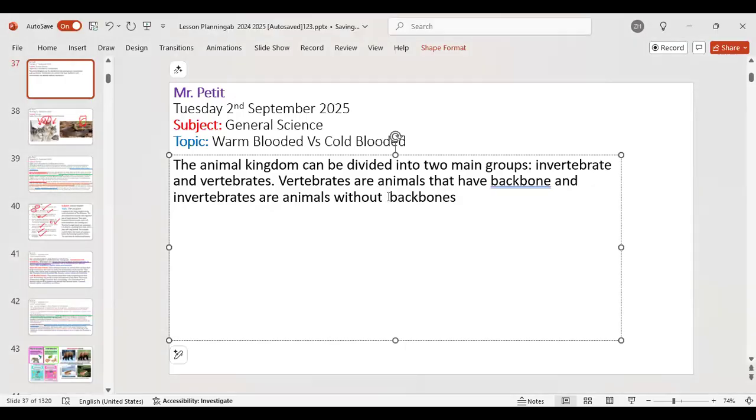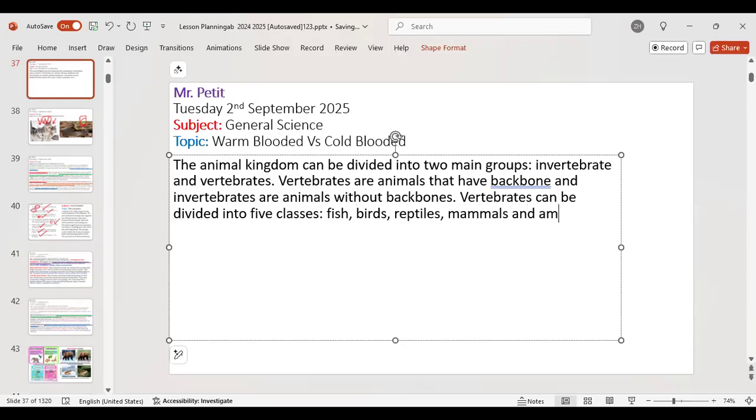Now when we look at vertebrates, they can be divided into 5 groups, or let's call them classes. What are they? Fish, birds, reptiles, mammals, and amphibians. Very good.